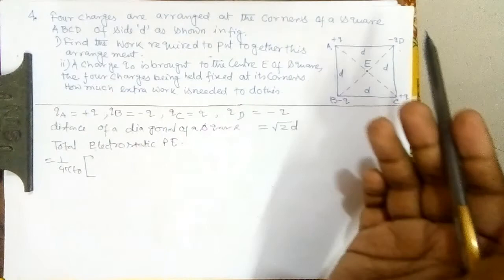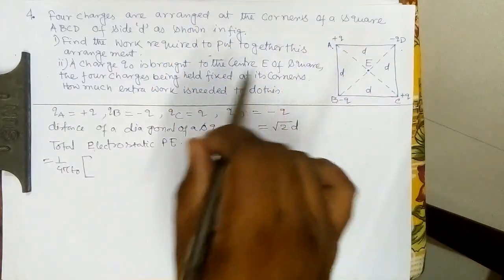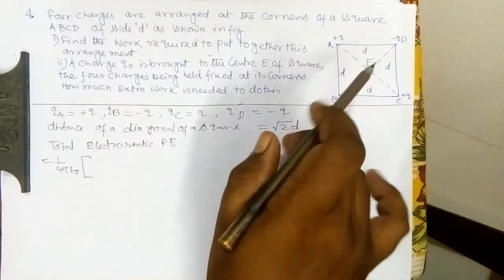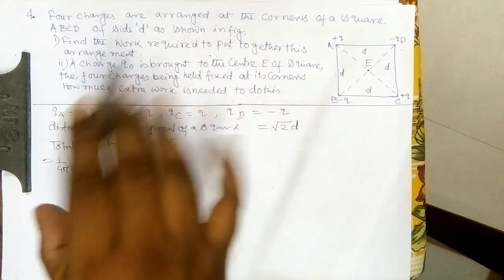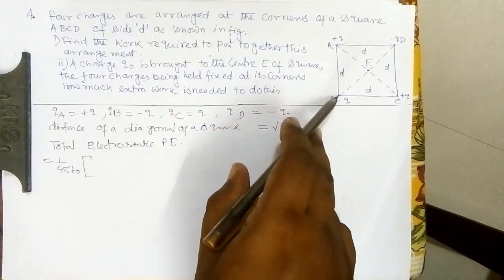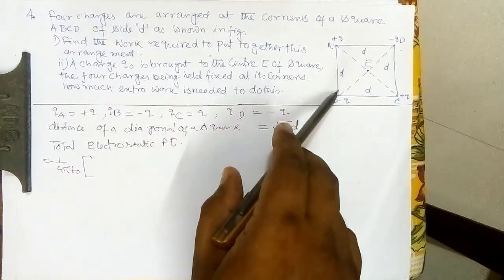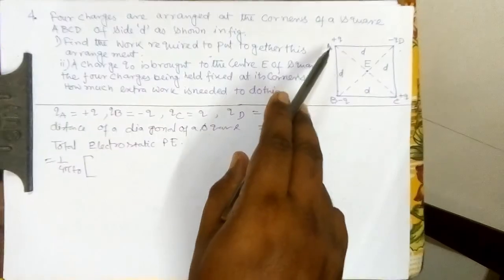So there will be no other force, no other energy. Whenever it is taken here, no work done is needed. So for charge QA to be brought to this point, no work is needed.